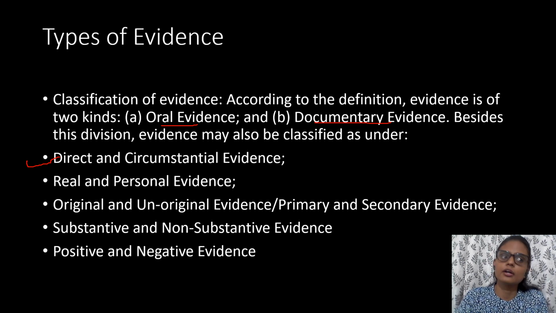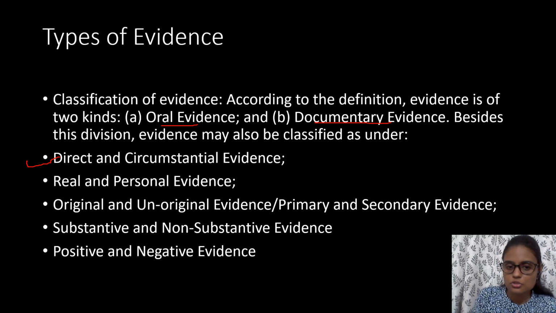Circumstantial evidence is like if XYZ person saw the car of the accused at the incident place, then that would be circumstantial evidence, that he might be there. It is not direct evidence. Nobody has seen that person shoot the other person, so that would be circumstantial evidence. We are interpreting the circumstances, that all the circumstances are leading to an inference. We are interpreting the circumstances to form an inference. That would be circumstantial evidence.